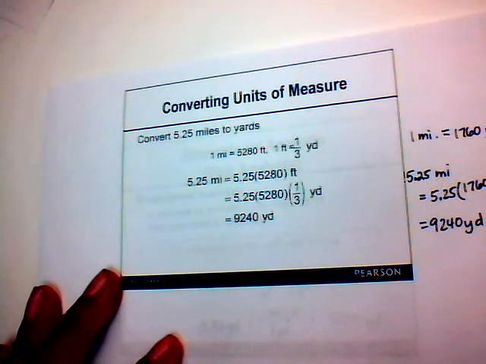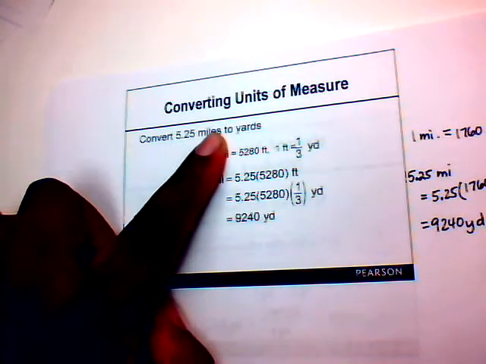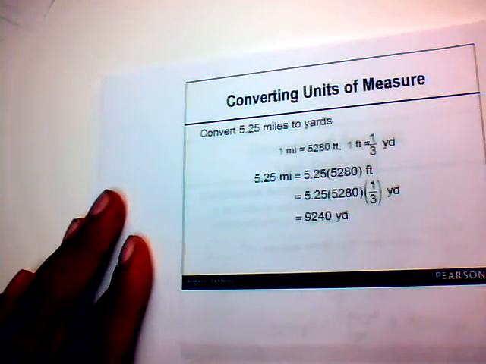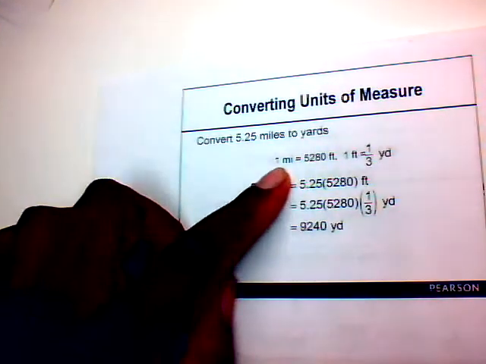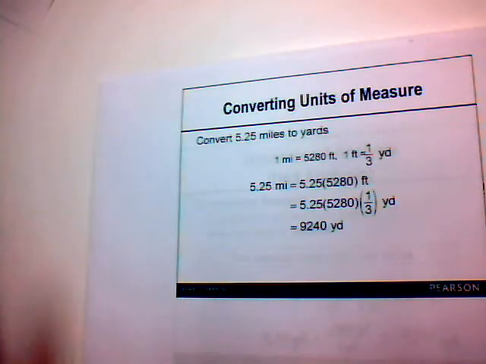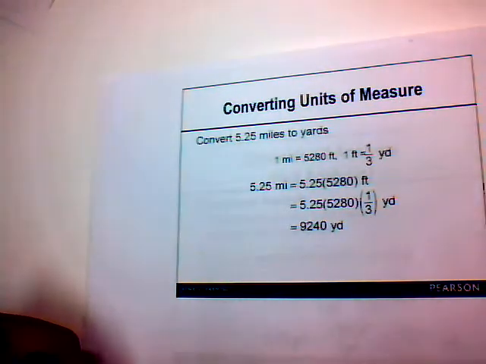An example of converting a unit of measure would be to convert 5.25 miles to yards. We want to convert 5.25 miles to yards. Well, we know that a mile is 5,280 feet. If 3 feet make up a yard, then 1 foot is going to be 1/3 of a yard.